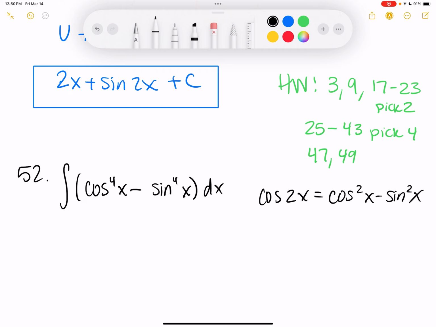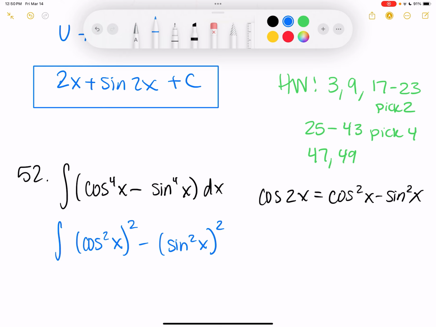I could think of this as cosine squared of x squared minus sine squared of x squared, because squared would be to the fourth.